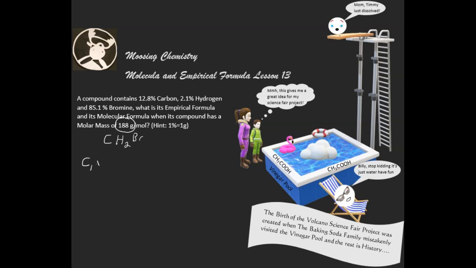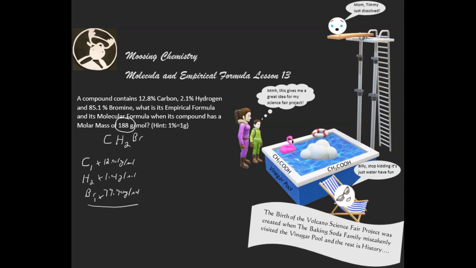Carbon is 1 times 12.01 grams per mole. We get that from the periodic table. Hydrogen, we have 2 of those, 2 times 1.01 grams per mole. And our bromine, we have 1 of those, 1 times 79.90 grams per mole.